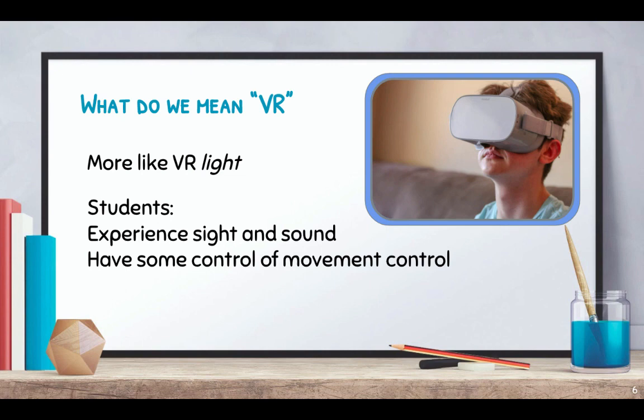Now that's not to say that these VR-lite experiences are without student choice. Once in, the student is placed inside the scene. They can look around in all directions. They can find their own meaning and chase their own interests. We're going to see in a few minutes how, with minimal effort, the students can see the sights and sounds of anywhere in the world.